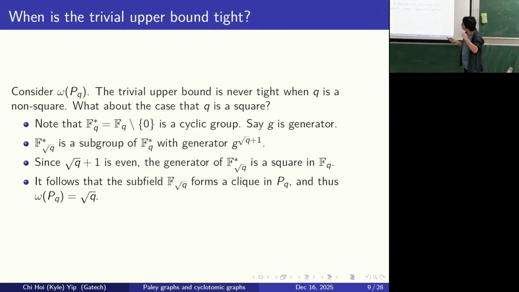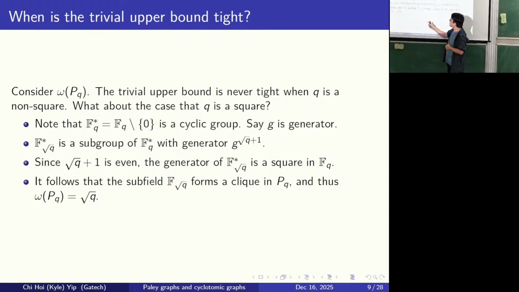And let's look at the special case of Paley graph. So just recall that in the Paley graph our connection set is the set of squares. So I want to show that if Q is a square, then in this case the square root Q bound holds because the subfield of size square root Q actually forms a clique.